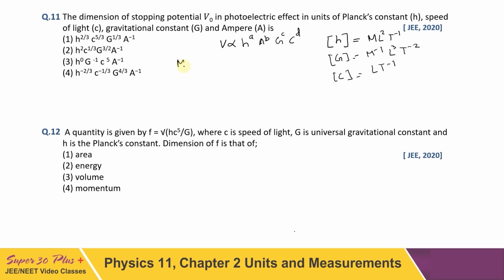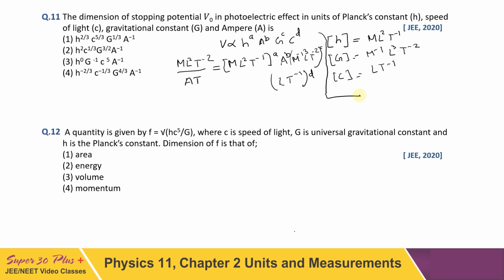So that has to be m L2 T minus 2 upon charge, which is AT, is equal to h to the power a, that is m L square T minus 1, this whole to the power a, A to the power b, G which is m minus 1 L cube T minus 2, this whole to the power c, and L T minus 1 to the power d. I have separated this, it is our rough work.